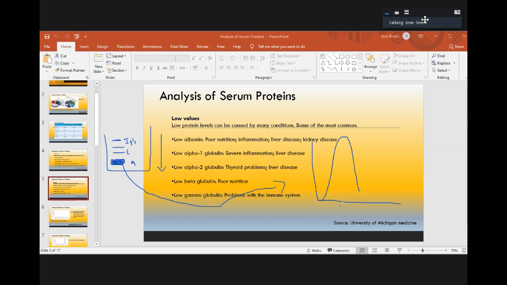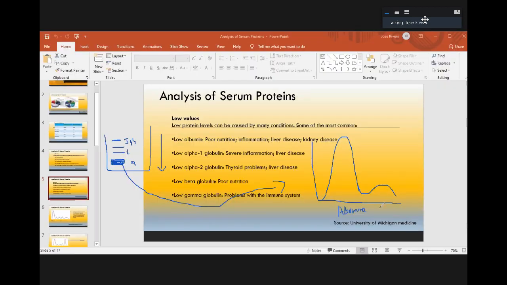Let's say this is albumin, relative to the other ones. Or you can run a known concentration of a protein, and then you can see the IgGs, whichever you are looking at, and these are amounts.